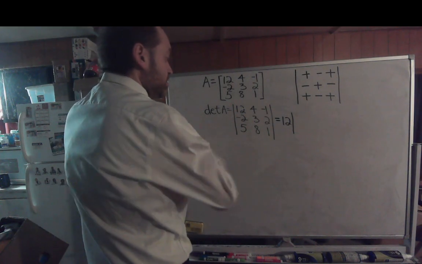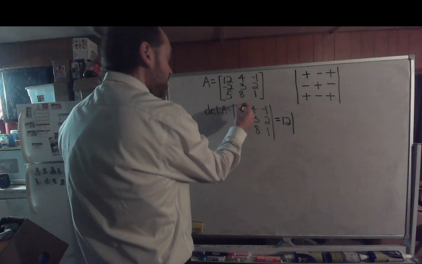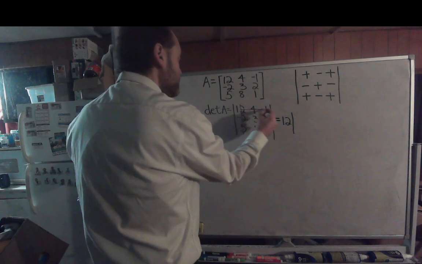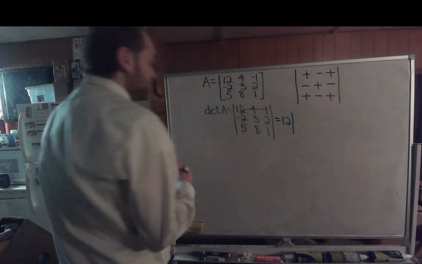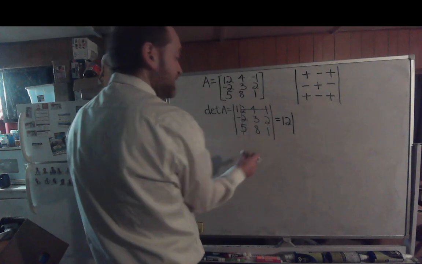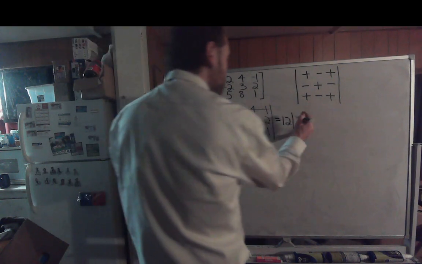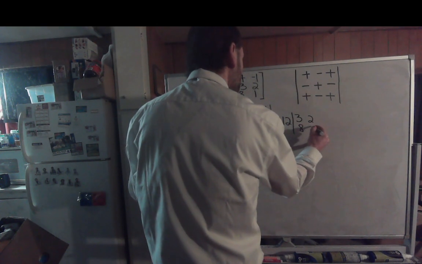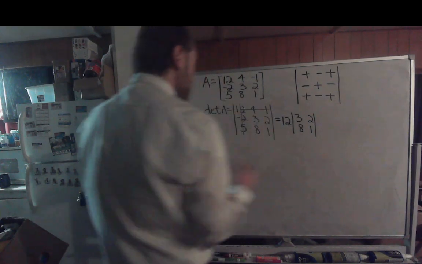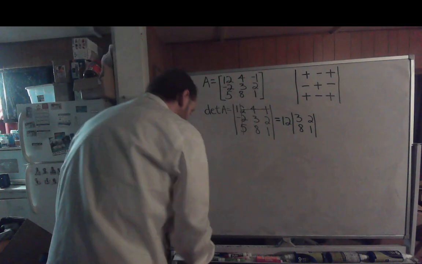So remember, take the column and the row that number's in and strike them out. Okay? That'll give you positive 12 times the determinant of whatever's left, which would be that 3, 2, 8, and 1. Okay? So there's the first part.